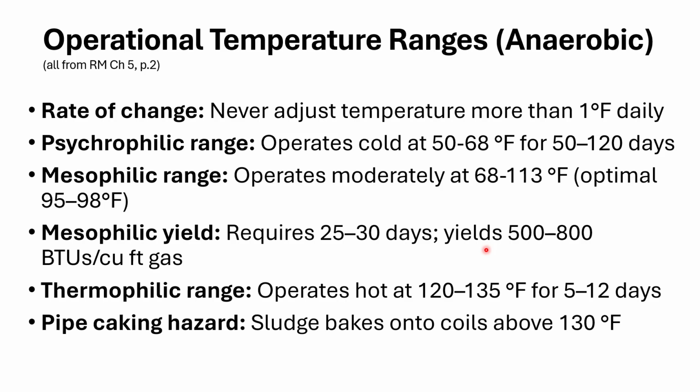So what you will see some plants do is they'll have a smaller mesophilic digester, where they'll send sludge just to produce methane gas for a cogeneration operation, where they'll take that methane gas and run a generator. It'll be a smaller digester, separate from the thermophilic anaerobic digester.